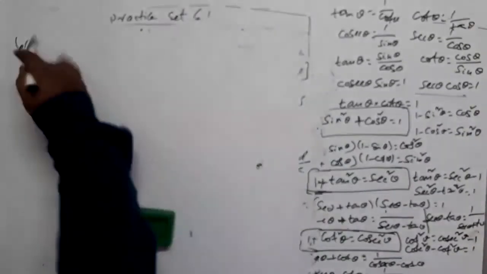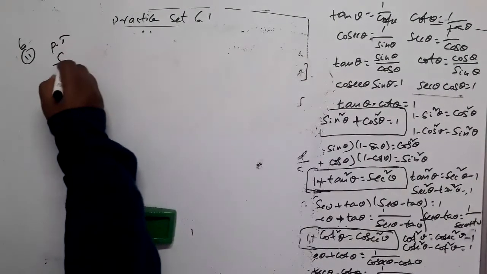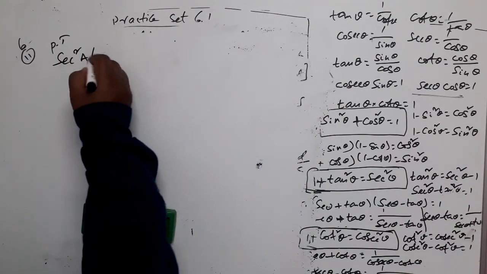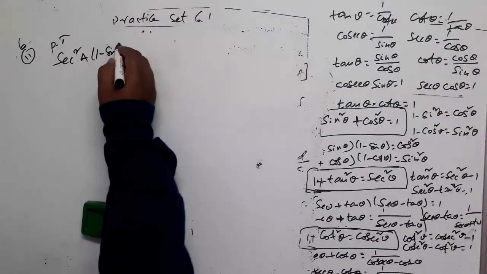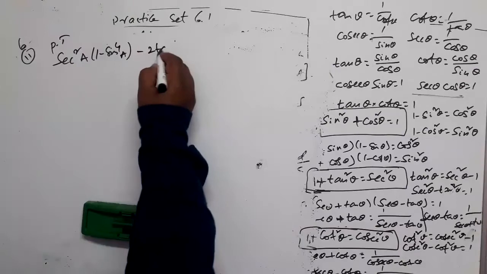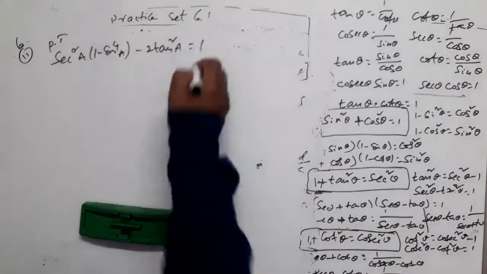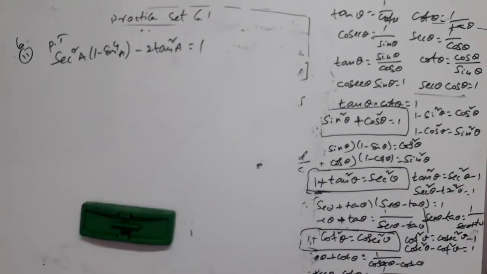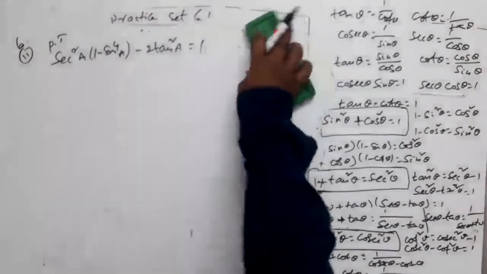Question number 11. Prove that secant square A multiplied by 1 minus sin A whole power 4, minus 2 tan square A is equal to 1. This is the question. What have you observed?